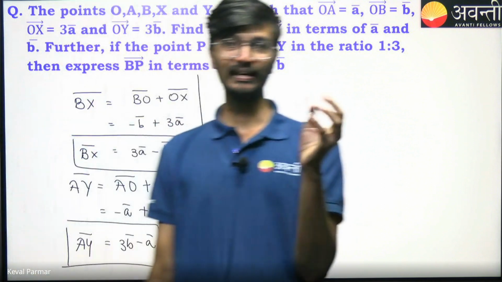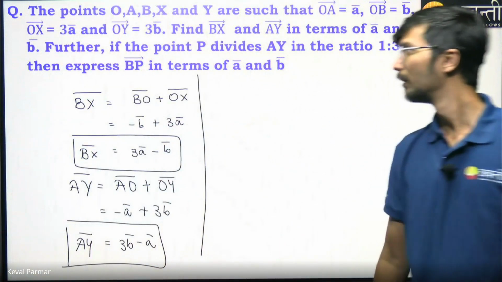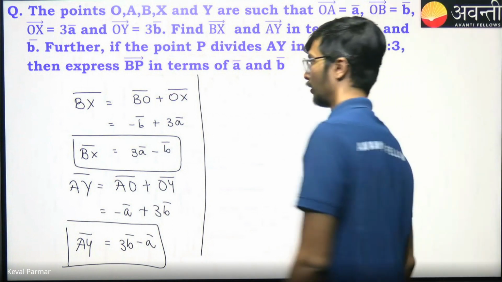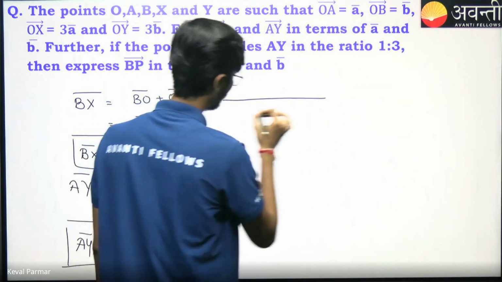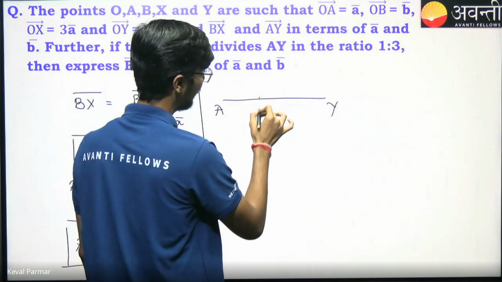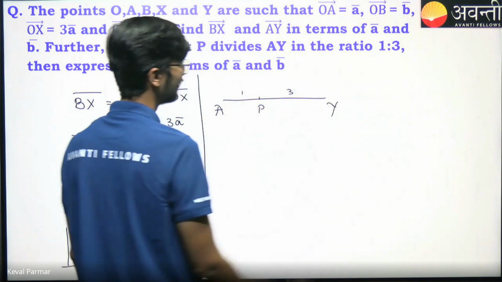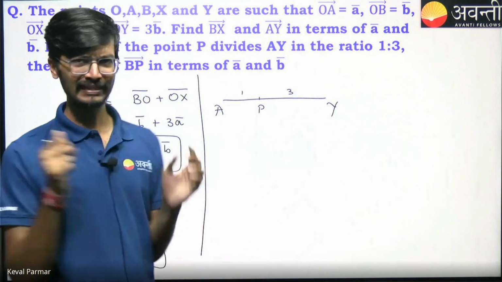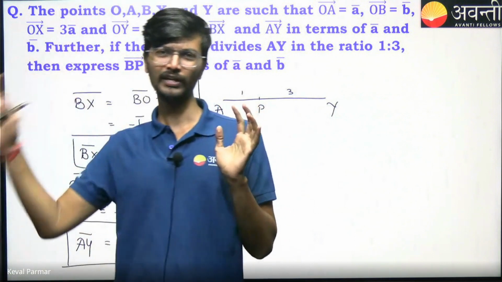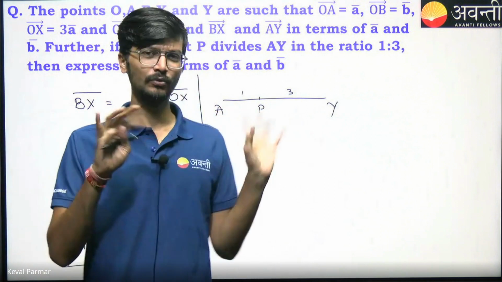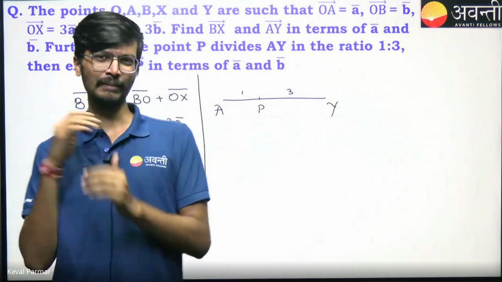Let's see what they are asking next. They are saying if point P divides AY in the ratio 1:3. So let's draw a diagram. This is A, this is Y. There is a point P which divides it in the ratio 1:3. Express BP bar. First, as I said, don't try to read the full question completely. You'll get confused and make silly mistakes. So instead, let's do it step by step.